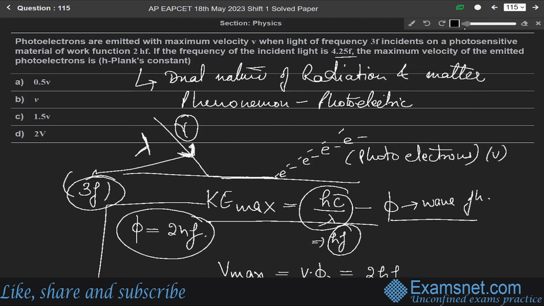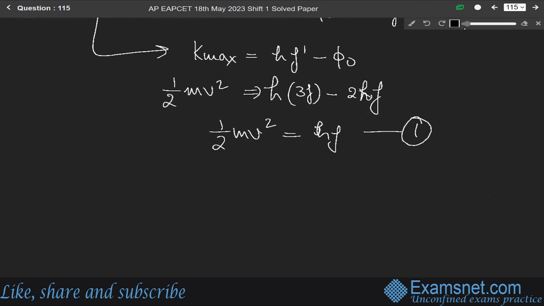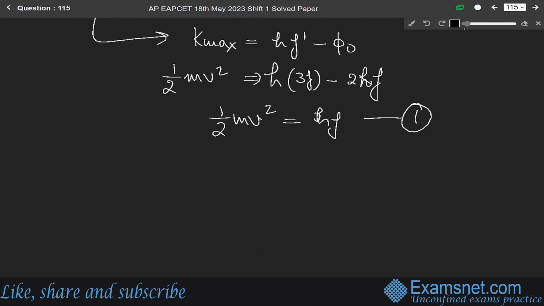Now, according to the next condition, the frequency of incident light is 4.25f. For the second condition, kinetic energy max will be equal to hf dash minus phi naught.